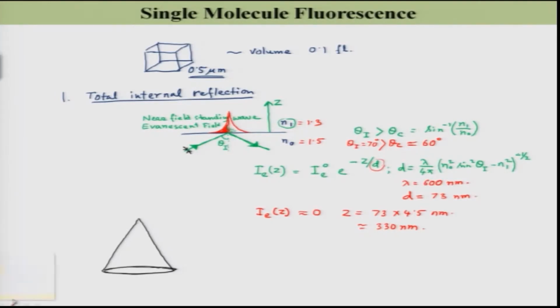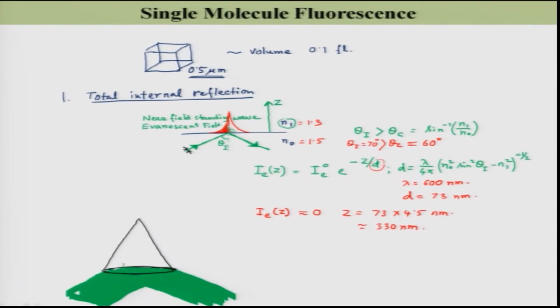So, the excitation light is actually laser. This excitation light is coming this way, this is important, let me show you. So, this is incident, and then reflected this way, reflected back under total internal reflection.